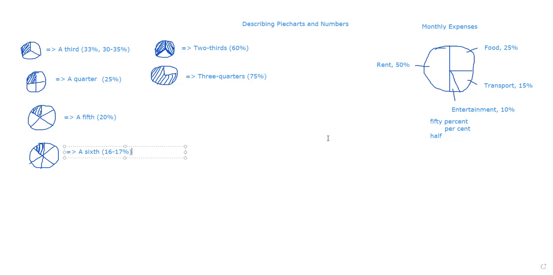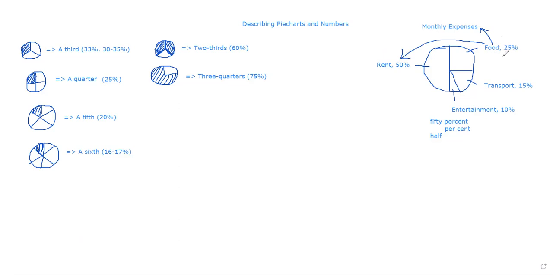For example, এই যে কোশ্চেনটা আছে, if you compare food with the monthly expense, food is 25%.